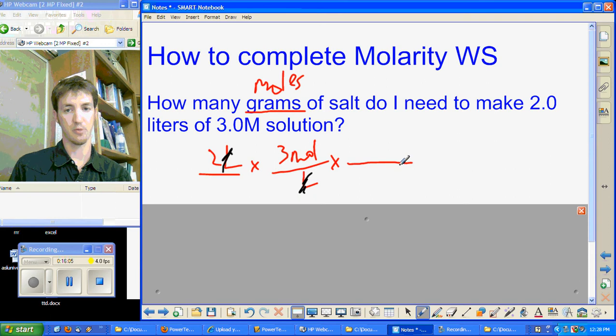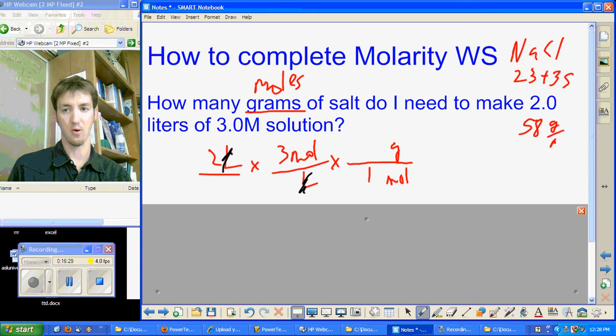How do I turn moles into grams? I need to know how many grams are in 1 mole. So if I'm working with salt, the first thing I should have done is salt is NaCl, so that's 23 plus 35, so salt is 58 grams per mole. So I end up with 6 moles.